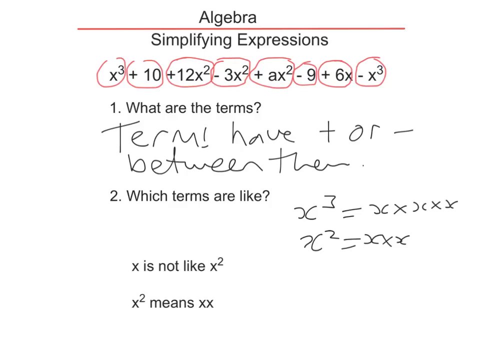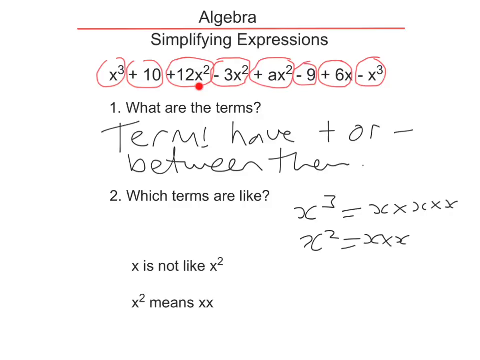So let's have a look. There's an x cubed here and an x cubed there. They're like. I can add and subtract them. There's a 12x squared here, a minus 3x squared there, and a plus ax squared. These two are like, they have the same letters. This one is not like those. The a and the x together and the other x, so this is really axx, is not the same as xx.